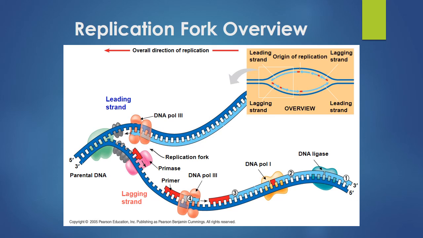There's the DNA polymerase 3, which adds the fragments after the primer has been added to the template. Then we have DNA polymerase 1, which removes the RNA primers and adds the DNA nucleotides. And then we have the ligase, which seals the gaps to form a continuous strand. And so the overall picture is termed the replication fork.